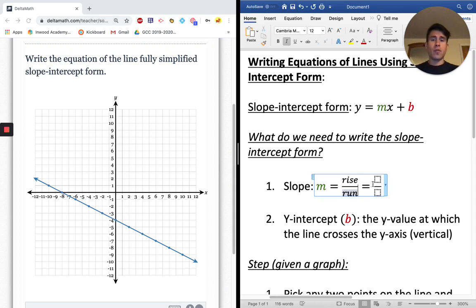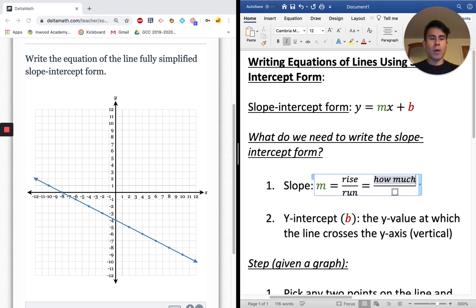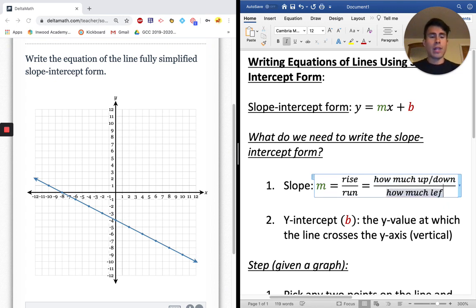What does it mean for the rise over the run? Between any 2 points, we are going to determine how much up or down between those 2 points and how much left or right between those 2 points.